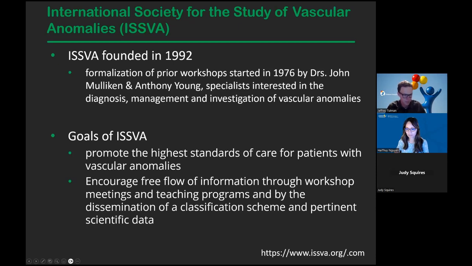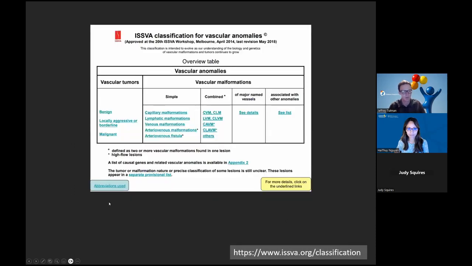through meetings and teaching programs, and to have this classification scheme that's really helpful, because previously, if you look in the literature, the nomenclature was all over the map, which made it very difficult for good communication and research. I think the first classification was in 1996, and it's been revised a few times, and it's available on the website.